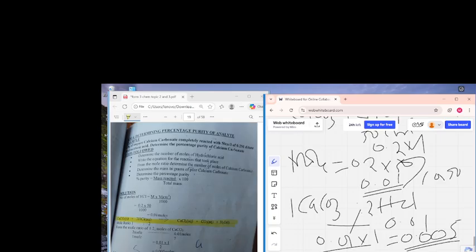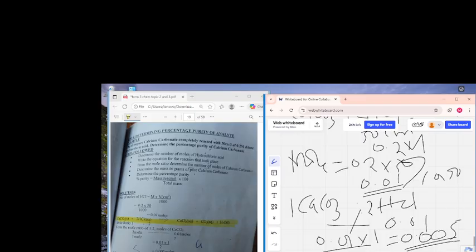So HCl was 2 here, and this was 1. It's only that we don't show the 1 in chemistry. So this was 0.01, so we cross multiply. 0.01 times 1 divided by 2 is equal to 0.005 moles.